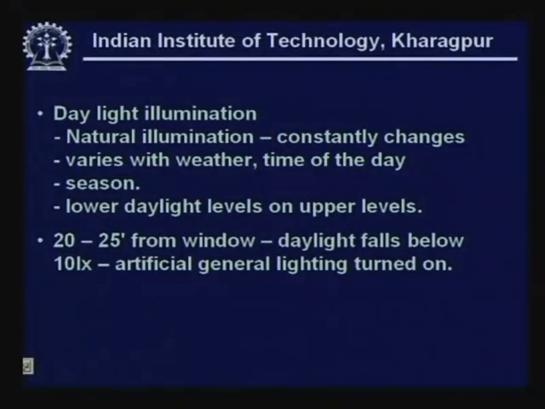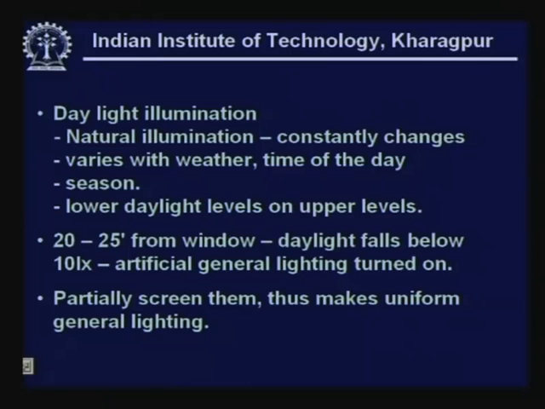Then the second thing is, whenever the illuminance level falls below 10 lux at any point on the surface. In fact, if you have a room with windows only on one side, you can find that the point on the floor closer to the other wall would have the minimum illuminance, but if you had windows on either side, it would be the midpoint which has the minimum illuminance, and whenever it falls below that, there is a need to turn on the general lighting.